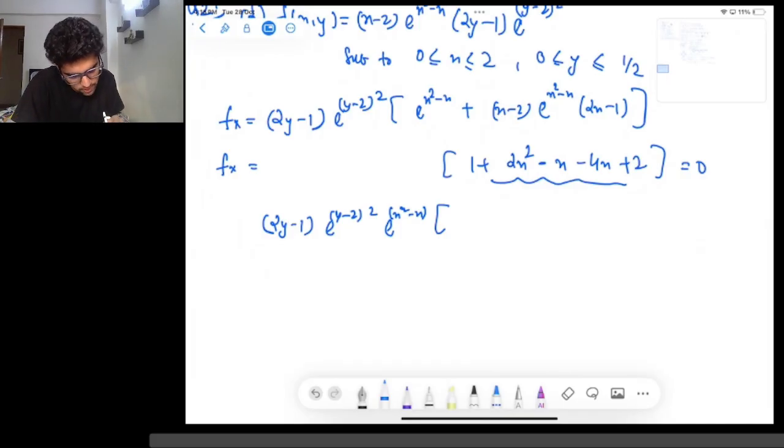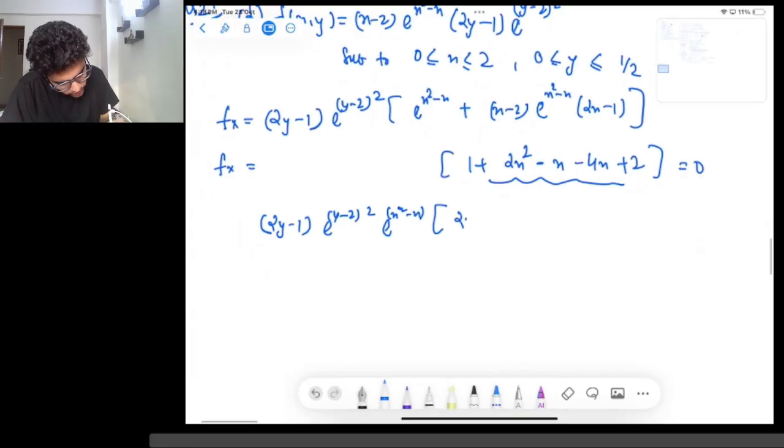Let me just check: 1 plus 2x² minus x minus 4x plus 2. Yeah, so this will give me 2x² - 5x + 3.